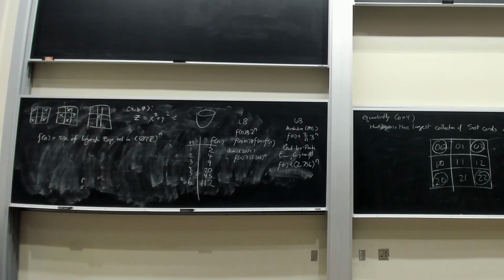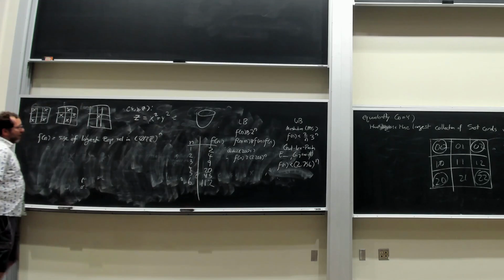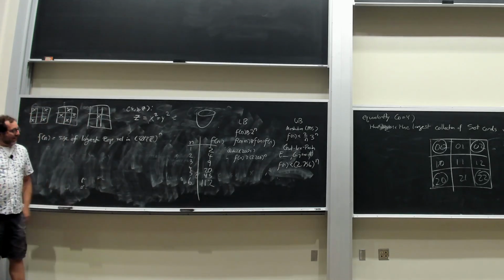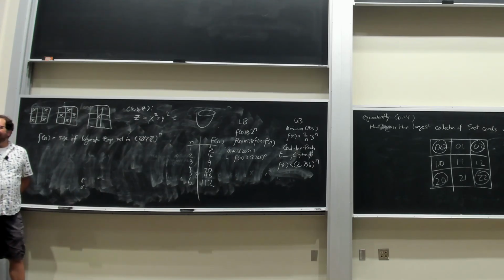So it's a problem where our intuition is pretty weak. And maybe one reason for that is that it's pretty hard to see how to work on the lower bound.